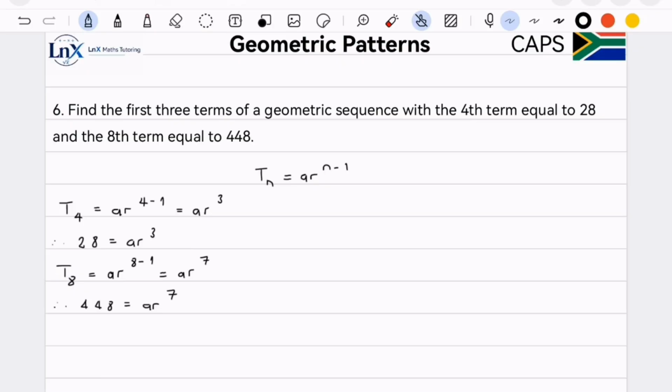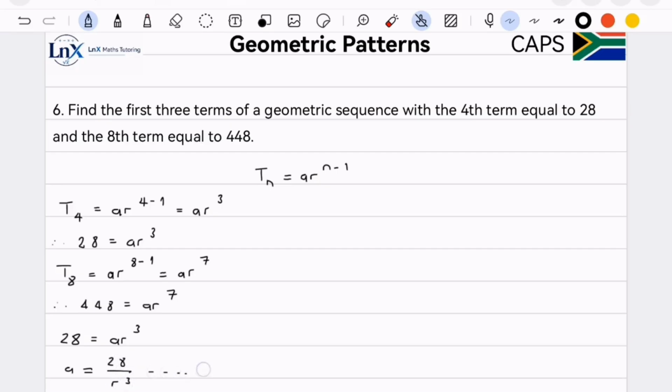We have 28 equals AR^3, right? So we can make A the subject of the formula. So we can have A equals 28 divided by R^3.